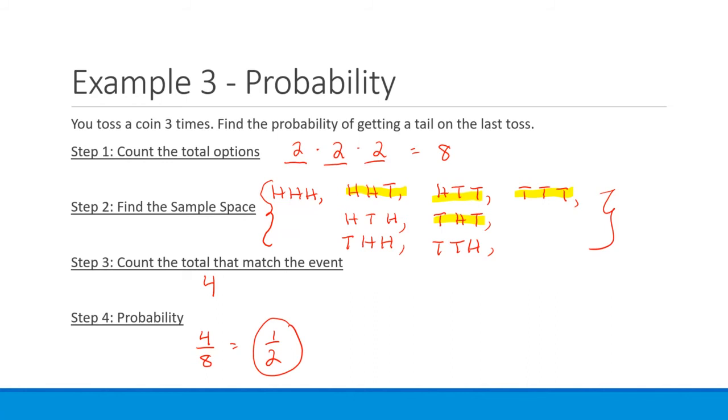Independent events means the probability of the first does not affect the probability of the second. So because tossing 1 coin doesn't affect your probability for tossing the second or the third, you can multiply your probabilities in this case. I'm going to talk about independent events a little bit later in example 5.